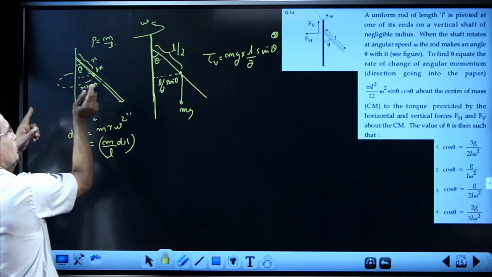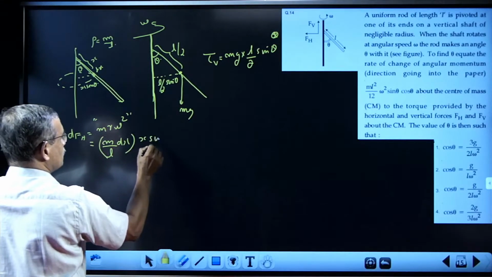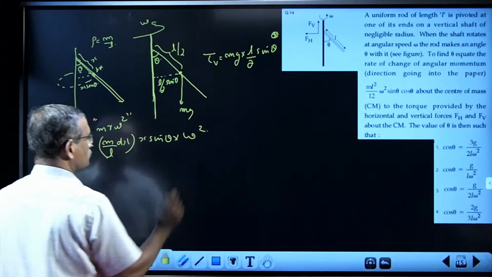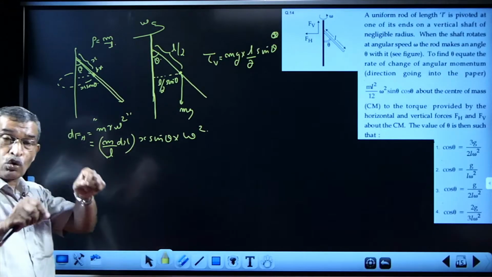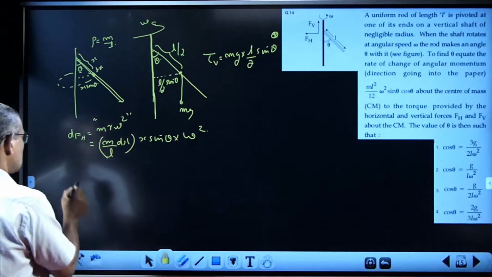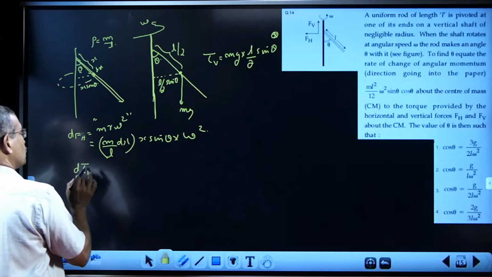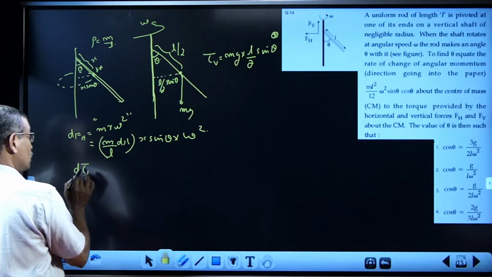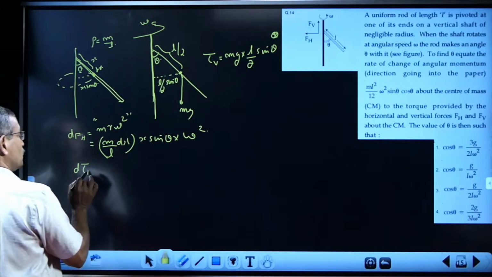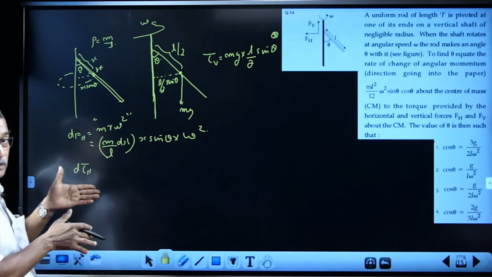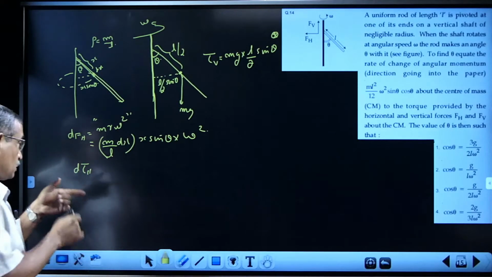What is r, the radius? x sin theta, into omega squared. And what is the torque due to that small force? d tau due to the horizontal force.